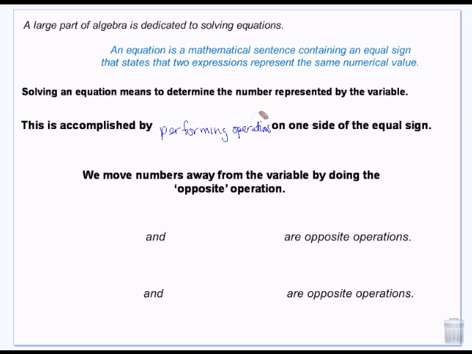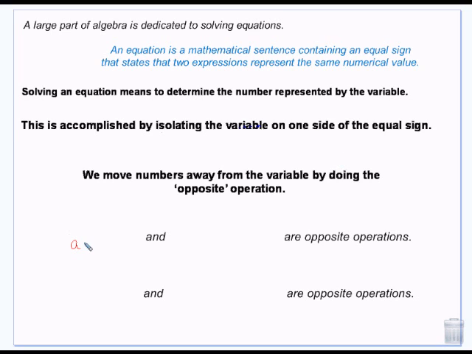To do that, we move numbers away from the variable. And to move numbers away from the variable, we do the opposite of what was already done. We're undoing. So to solve an equation is to undo what they did.